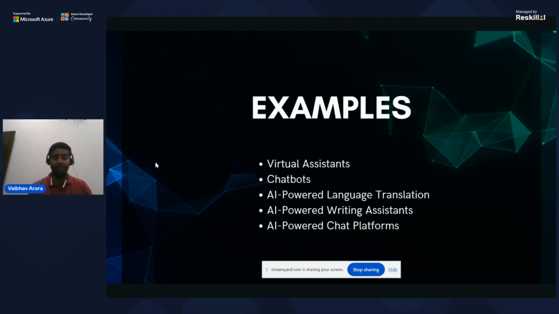Chatbots like Copilot, Gemini, ChatGPT, AI powered language translations, AI powered writing assistants. We are using all these, right? These are great examples of conversational AIs as well as agents that we can get motivation from for creating our own use case.